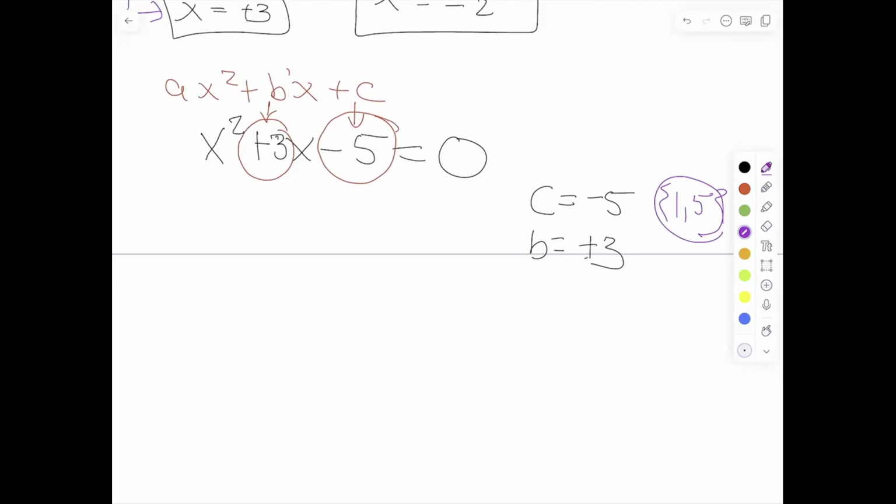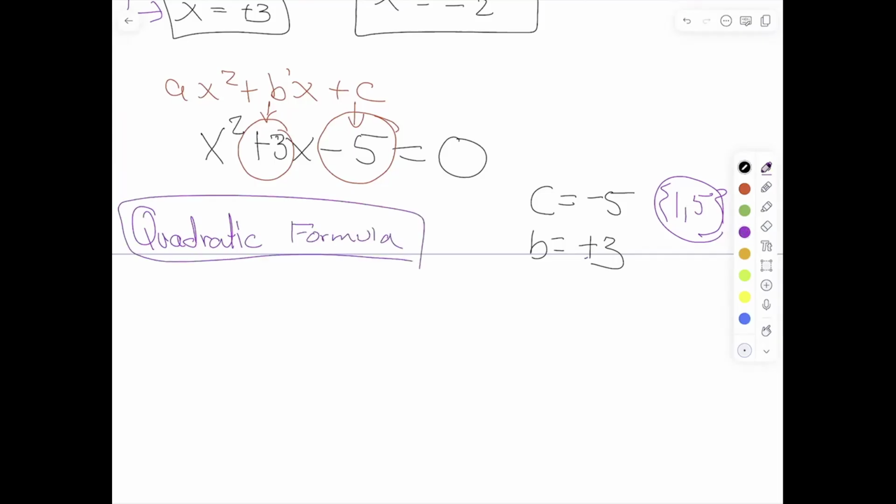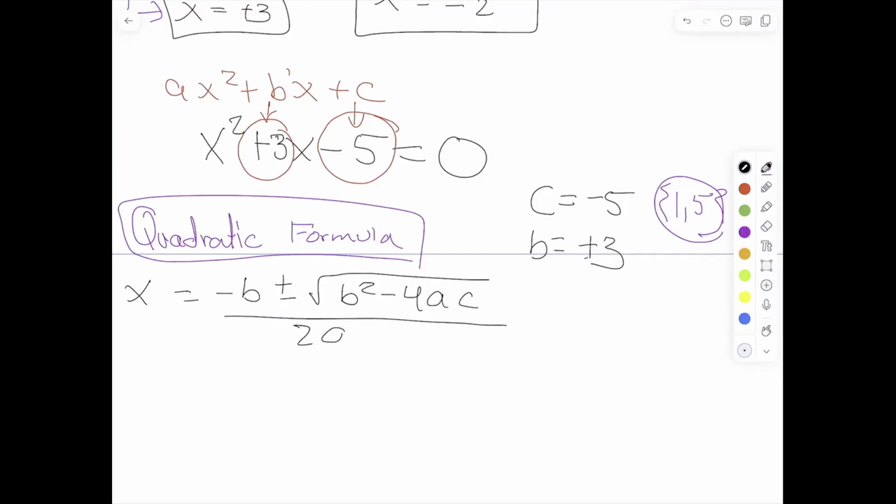So this automatically is telling you I have to use the quadratic formula. But no one's going to tell you to determine that. They're going to tell you to use the quadratic formula from the beginning. And what is the quadratic formula? X is equal to minus b plus or minus the square root of b squared minus 4ac over 2a.